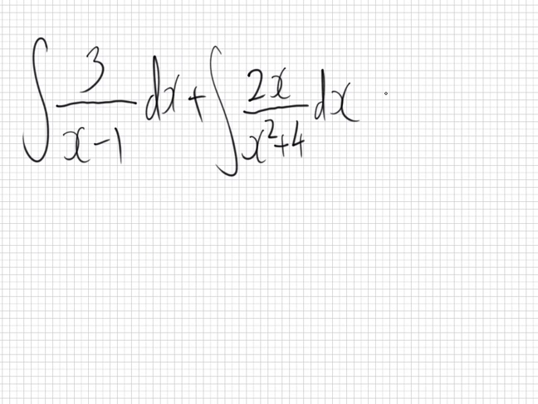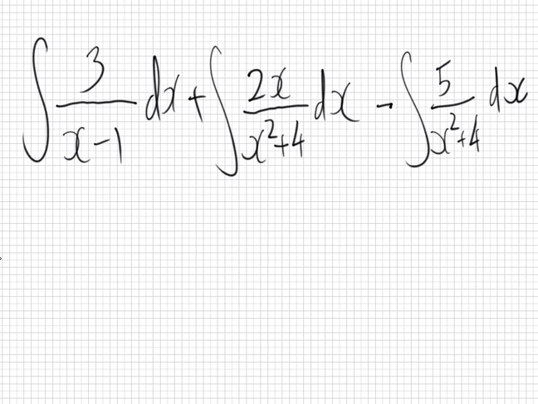And then finally, minus. Is C minus 3 or was it 3? Oh, minus 5. Minus 5 over x squared plus 4 dx.